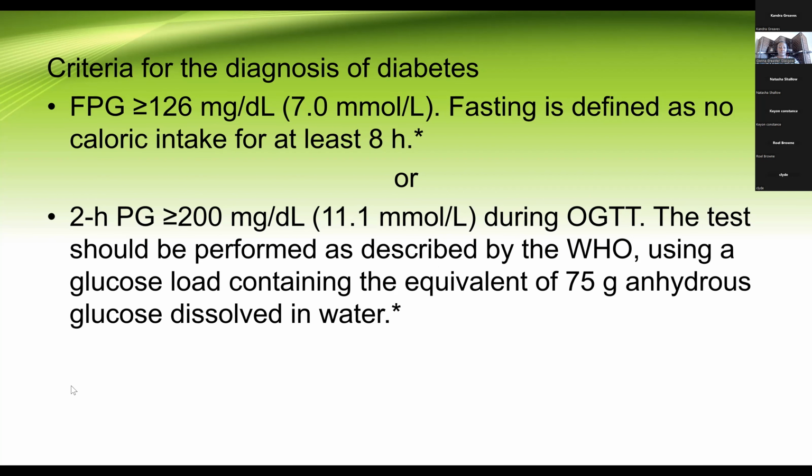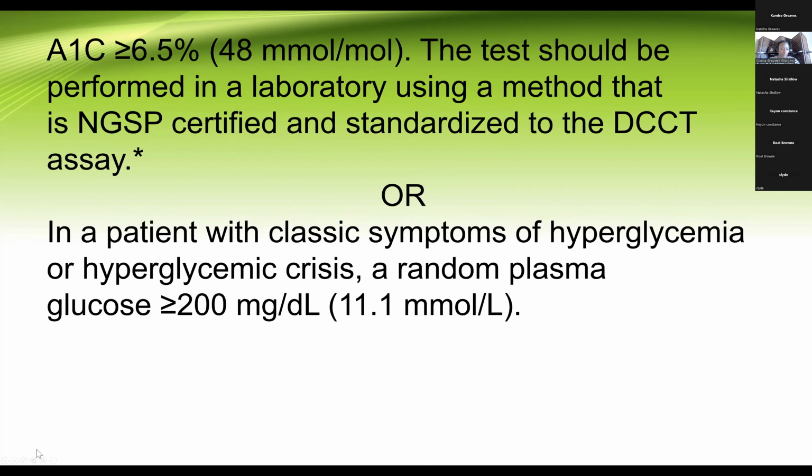Right. One that most persons may have heard about is the A1C, which tells us the average blood glucose for the past 3 months. This test tells us that, for the past 3 months, your blood sugar has been elevated, and the numbers are very important. It must be at least 6.5, or greater than 6.5.